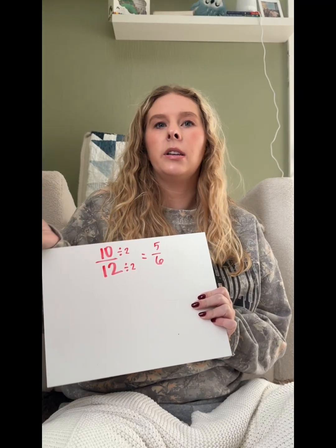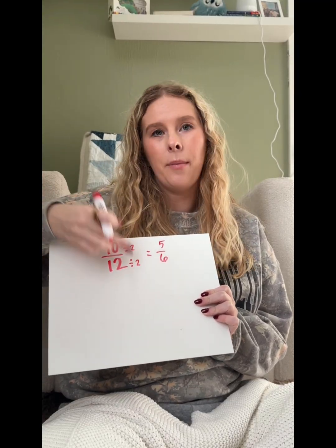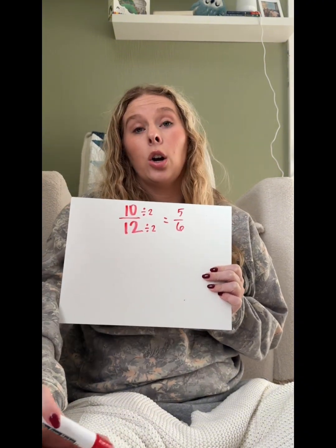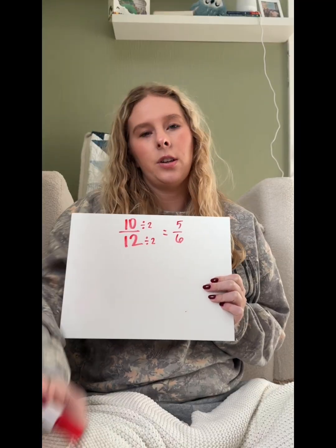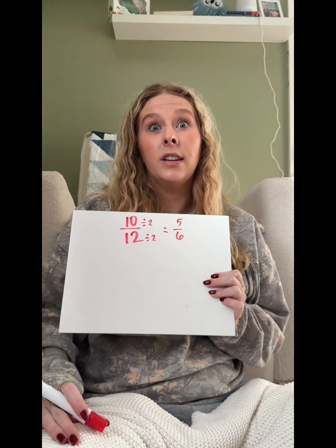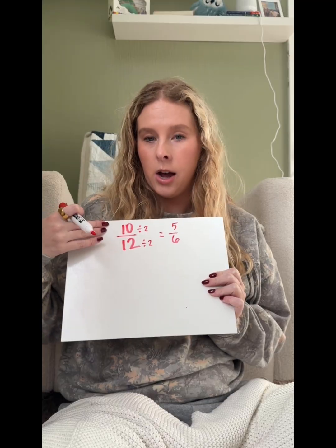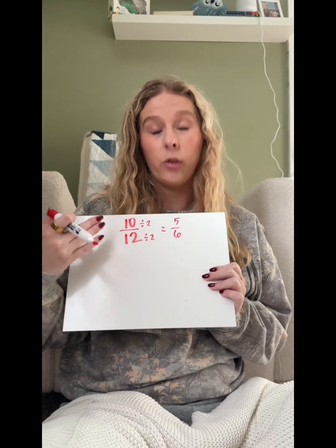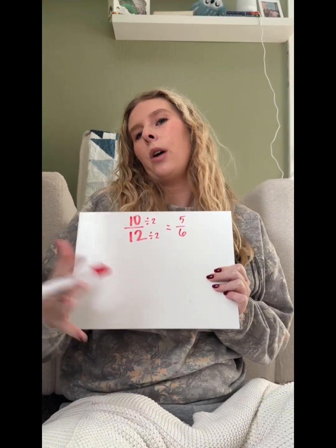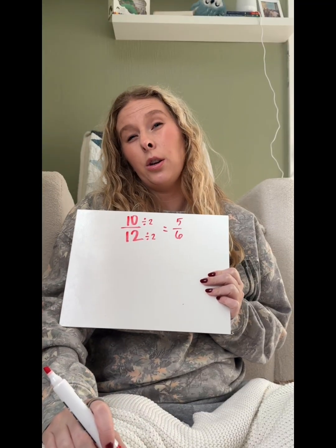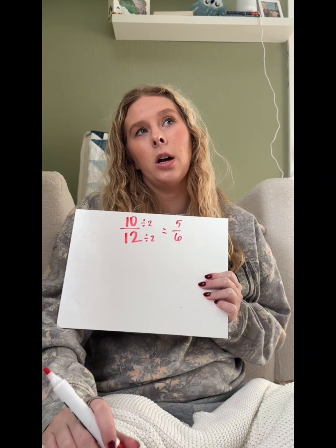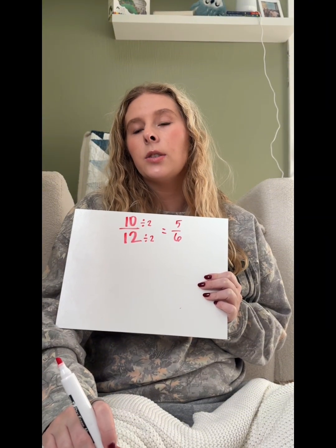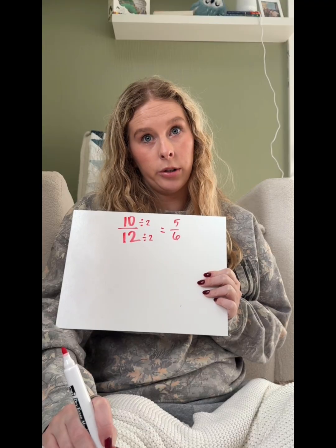Now, sometimes this works and this will simplify. However, sometimes the number may need to be simplified again, and all that means is that there was a greater common factor than 2. So with rules of divisibility and finding the greatest common factor, you can choose which one you do, but for now I would focus on finding the greatest common factor because that's easiest for us since we're working on our multiplication facts.